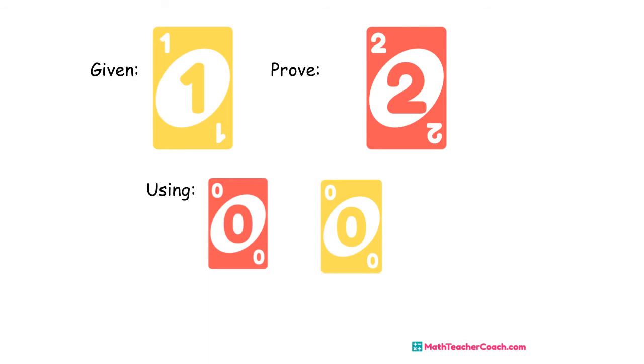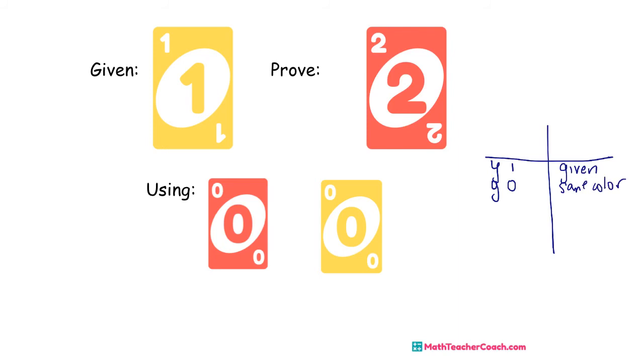All right, so let's make our chart here. We're given yellow 1. And we want to get to the red 2. So the only yellow that we have to play is the yellow 0, and it's the same color.